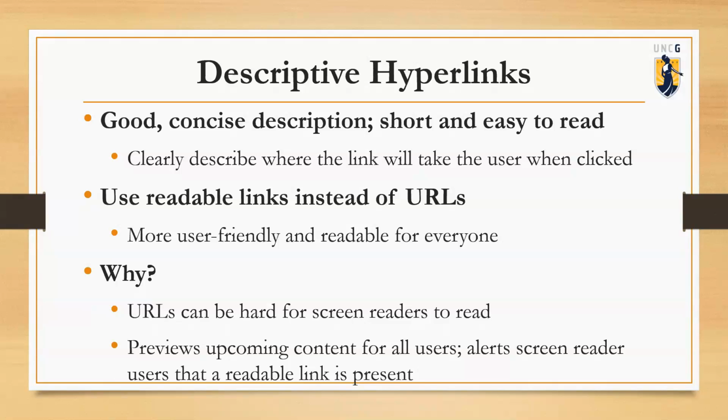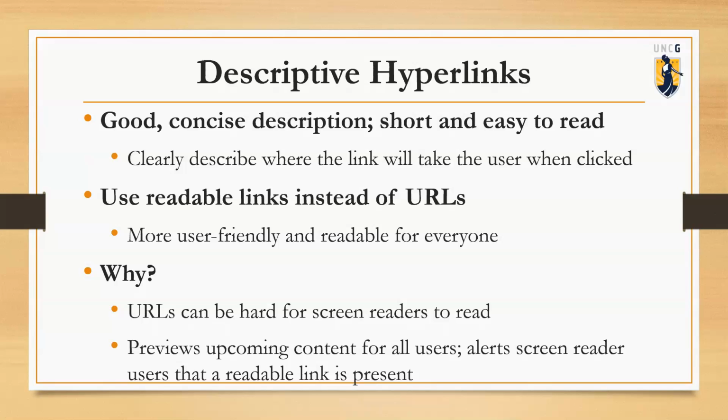confusing. So if it's a readable link, it's going to give a preview to everyone, sighted and those who have vision impairments, of what's to come after you click on that link.